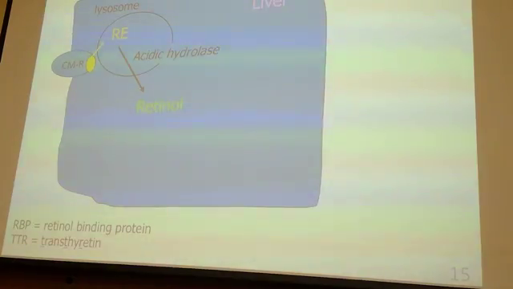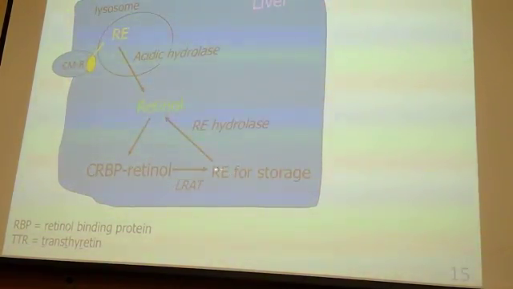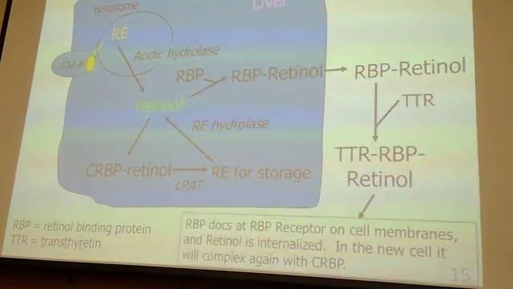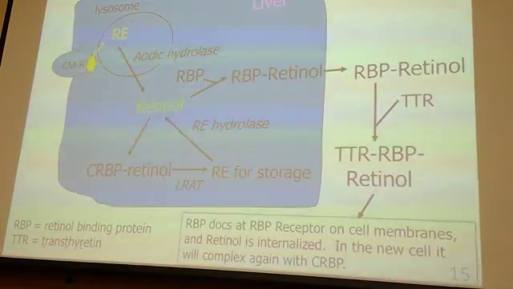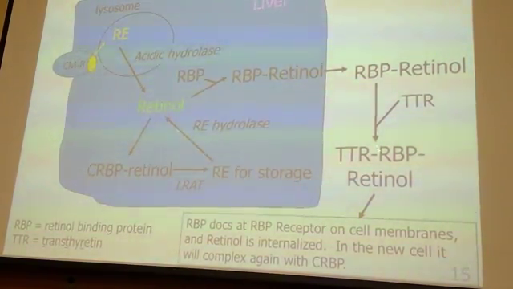So we'll have retinol. This can be either re-esterified by LRAT or ARAT back to retinyl ester for storage in droplets. This can be hydrolyzed again back to retinol, and that can then be secreted and bound to retinol binding protein together with transthyretin for transport in the blood. Does that all make sense?